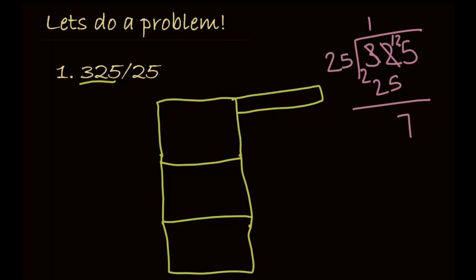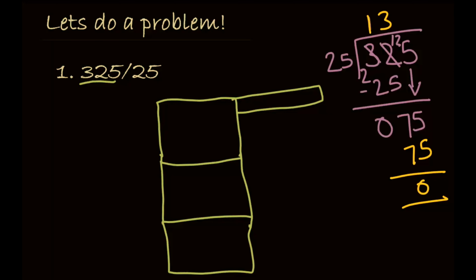It's going to be 7. 2 minus 2 is 0. So we get 7. Now we have a 5, so we bring that down. So we have 75. 25 times 3 equals 75. So 75 minus 75 is 0. There, our answer here is 13.